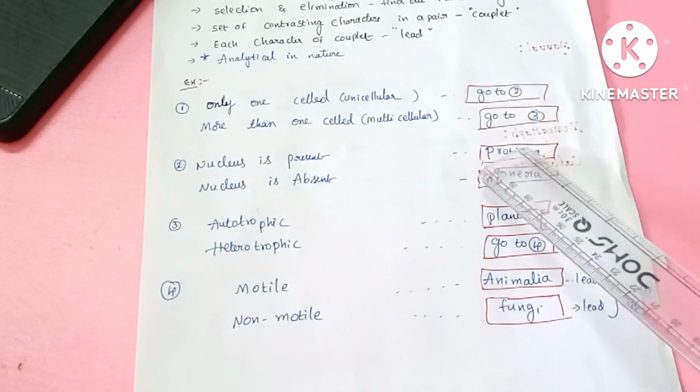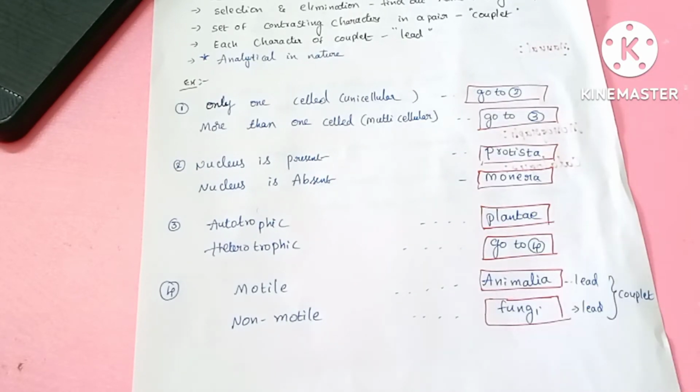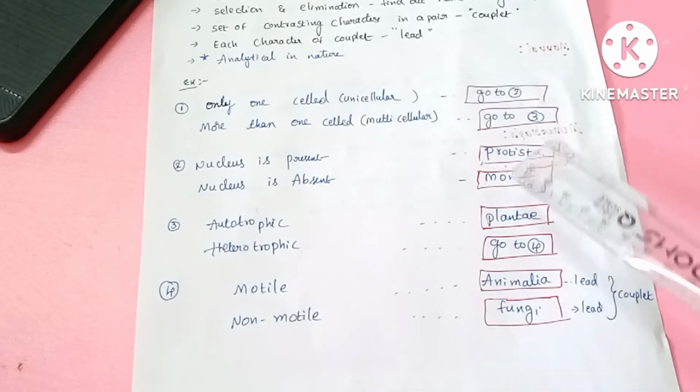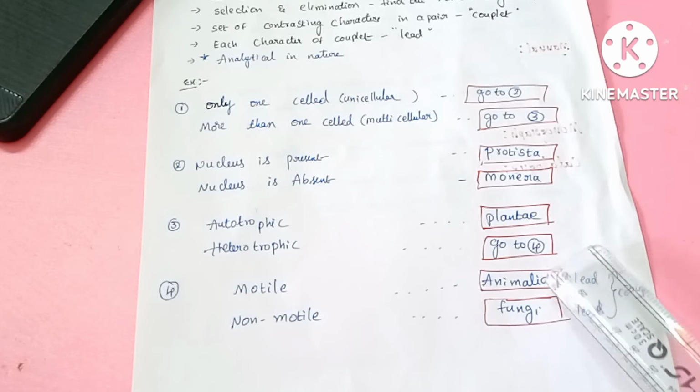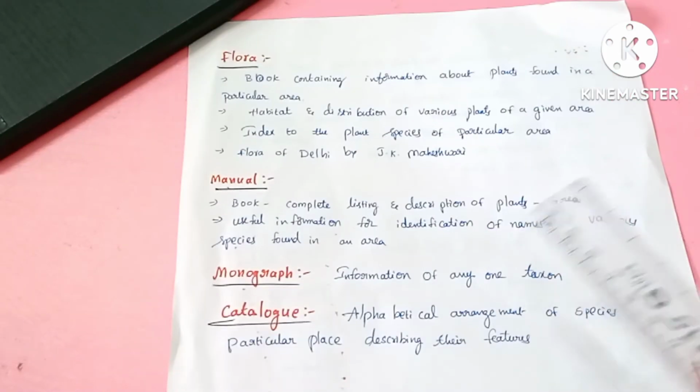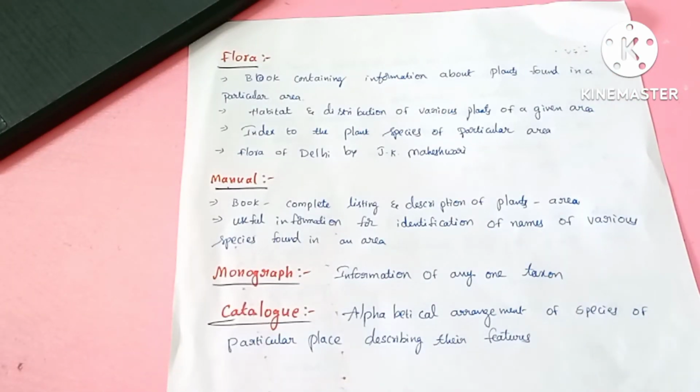Like this, several couplets are present. Each pair of these contrasting characters is called a couplet, and an individual statement of this couplet is called a lead. This is about the key. The next one is flora.